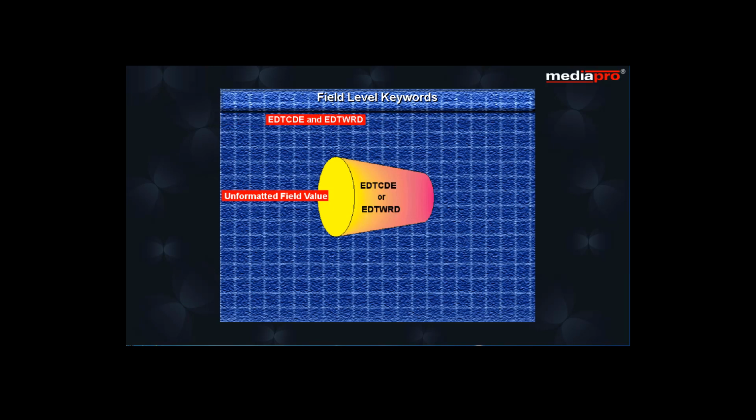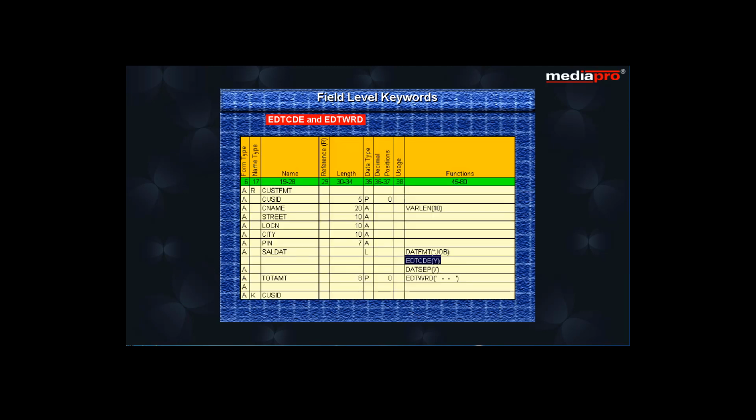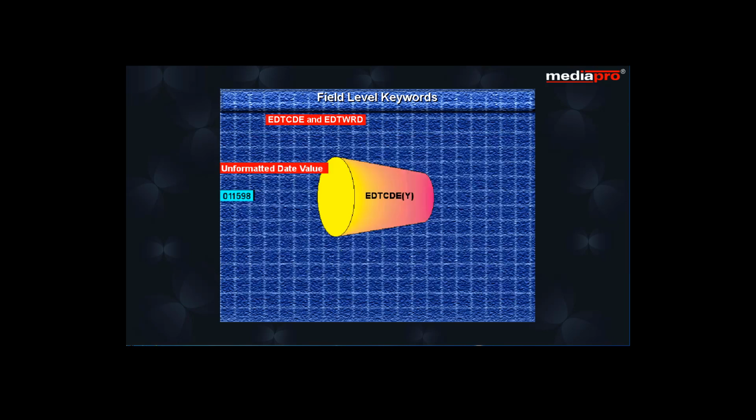The edit code and edit word keywords are used to format output values so that it is easier for the user to comprehend. For example, an edit code Y is used to specify a format for the date field. If the SAL date field has the date January 15th, 1998, it will be printed as 01/15/98.